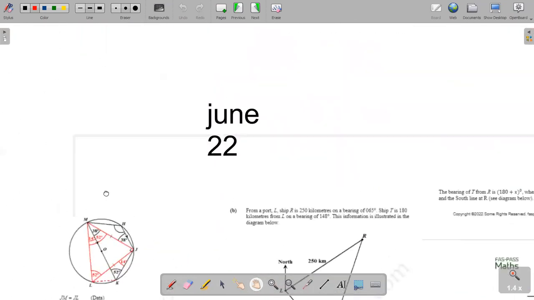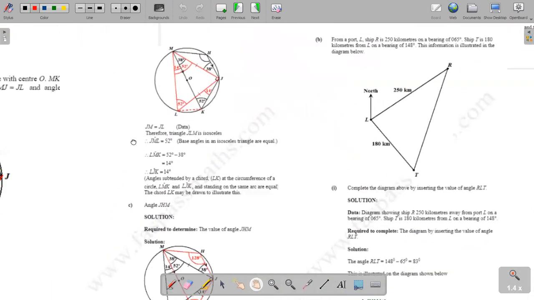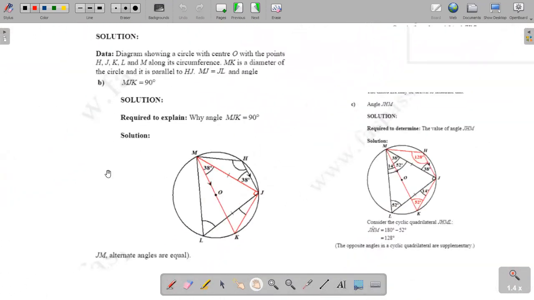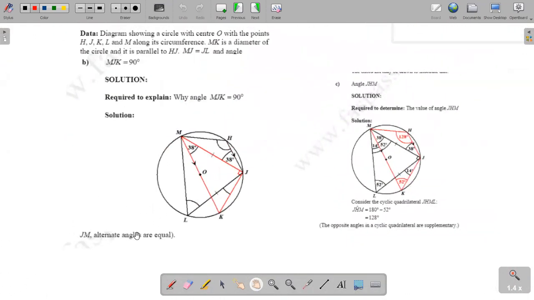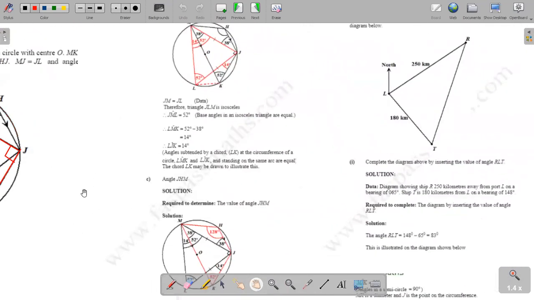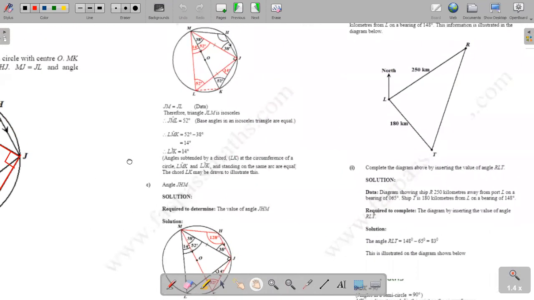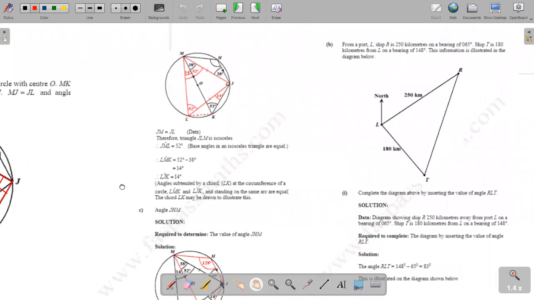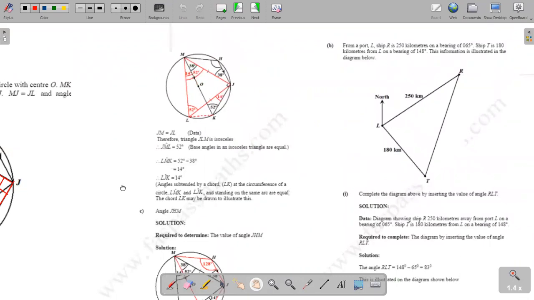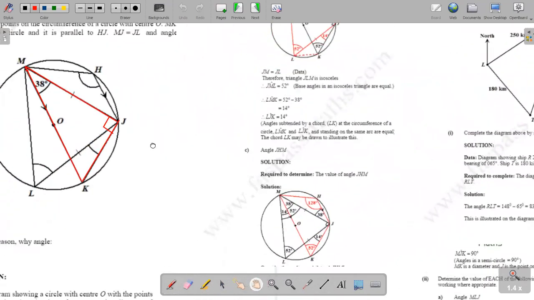All right, next one. Where's the next question? That's B. Where is C? Something missing.